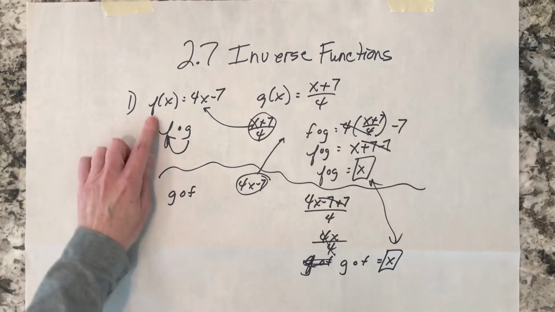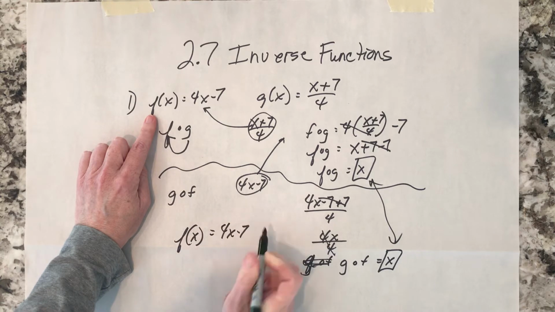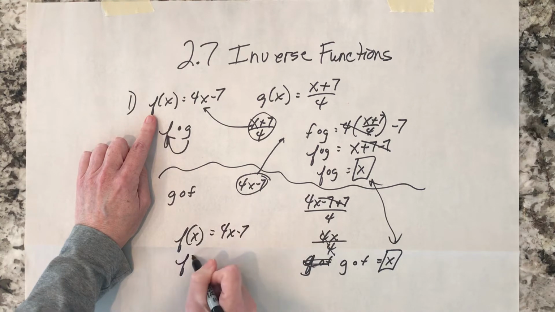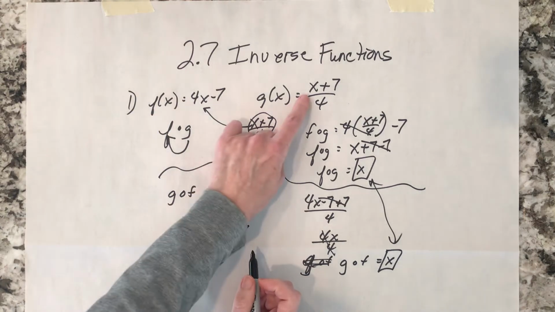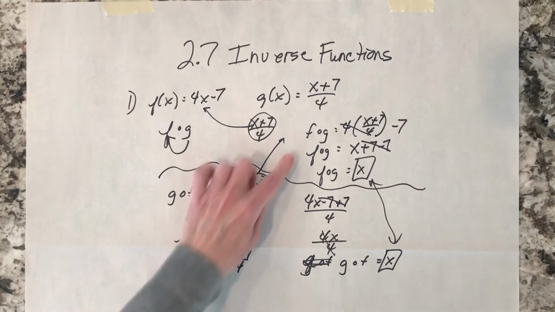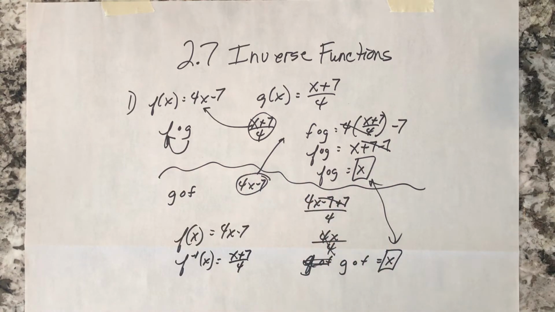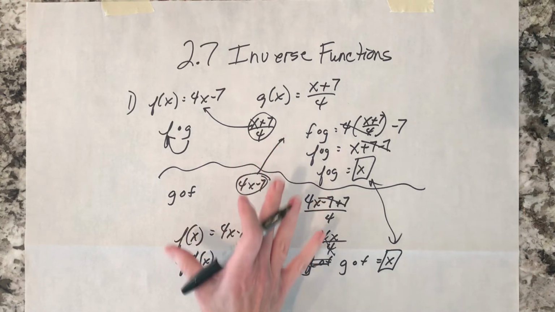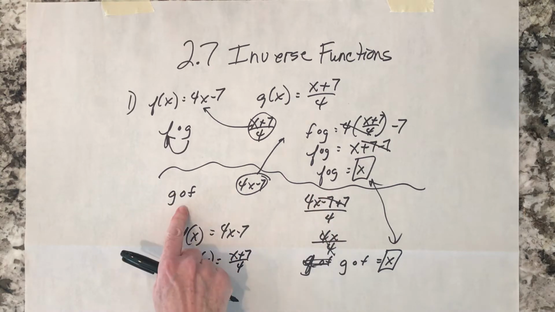So we could say that f of x equals 4x minus 7, and f inverse of x, the inverse of that, is this one, (x plus 7) over 4. Because whether we're doing f of g or g of f, either one, we get x as a result. Remember, we're just starting this, so if it doesn't make a whole lot of sense to you, no big deal. That's just a reminder of how to do f composed of g and g composed of f.